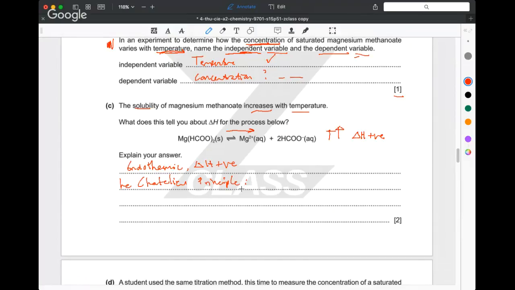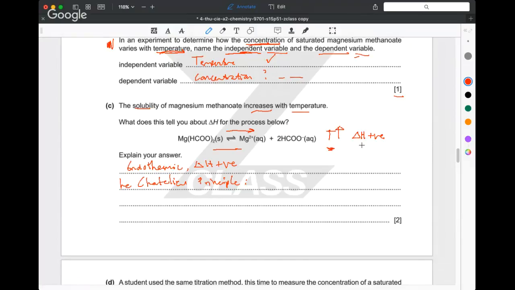And the Le Chatelier's principle is that for any system at equilibrium, the system will change to minimize the effect of any change put upon it. Now, what change did we put upon it here? We tried to increase the temperature. And so this system moves to minimize the effect of the change that we put upon the equilibrium.